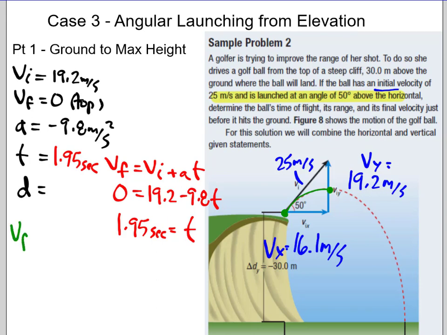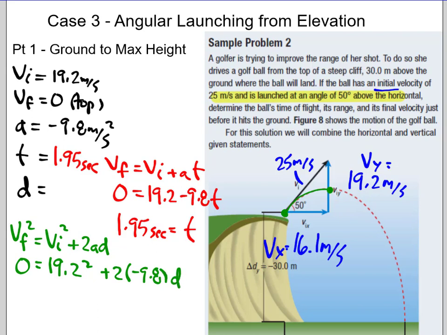Then we will find our d. We should be able to do Vf squared equals Vi squared plus 2ad. So 0 equals 19.2 squared plus 2 times negative 9.8d. I'm going to do a little bit of this on the calculator only because I'm running out of space.